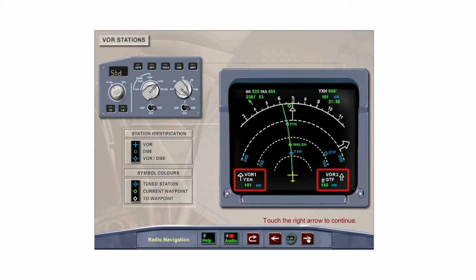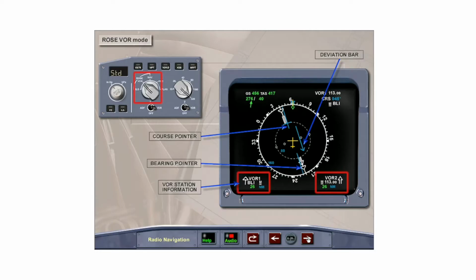The information displays the shape of the associated bearing pointer, the station identification if it is identified by the FMGC, or the frequency if the station is not identified. The mode of tuning is identified by an M for manual tuning, nothing for FMGC automatic tuning, and R for manual tuning through the radio management panel.